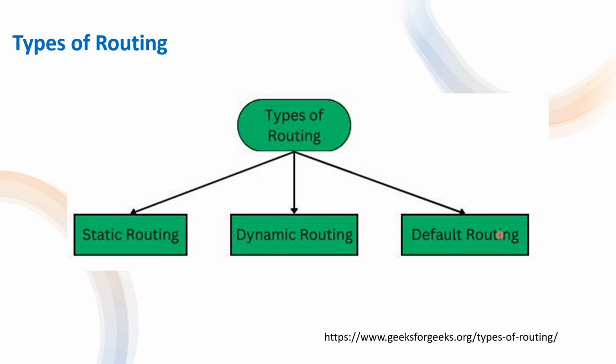Default routing is a special form of static routing where a single default route is set to handle all traffic for unknown destinations, simplifying routing in networks with a single exit point. And the third category, dynamic routing, on the other hand, uses routing protocols to automatically adjust and update routes based on real-time network changes, making it suitable for large and complex networks.